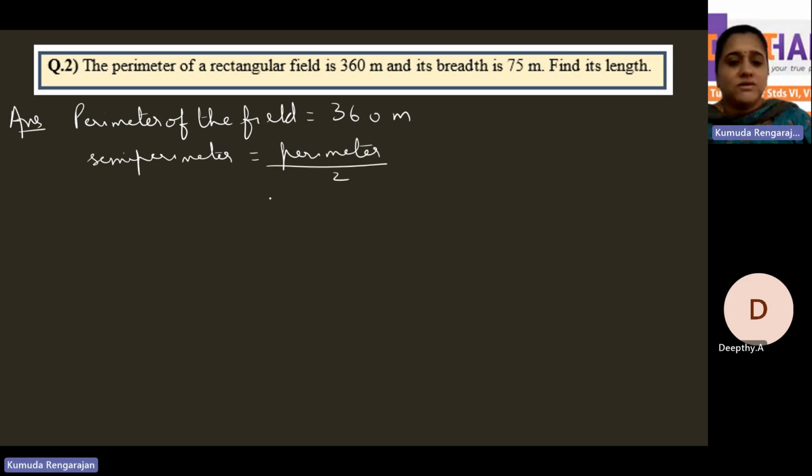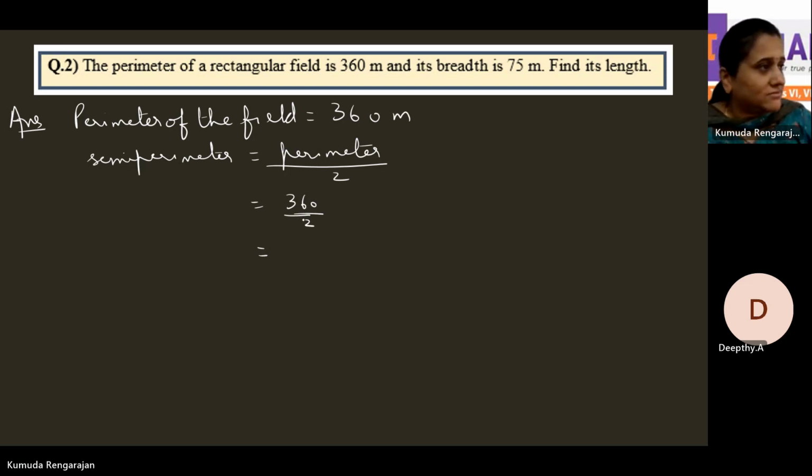Next step, that is equal to... tell me what to substitute. 360 divided by 2. Work and tell me what is 360 by 2. Ma'am, it's 180. 180 what?